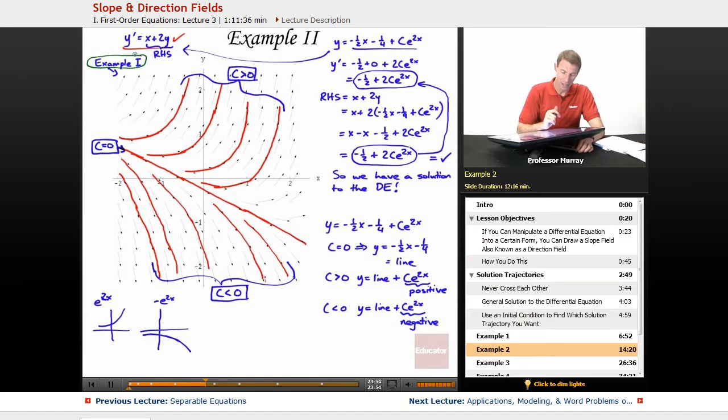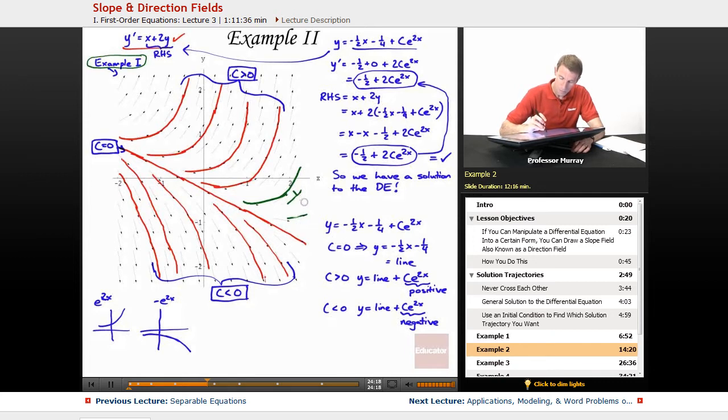Looking at this direction field, I was able to connect up the hash marks and draw solution trajectories. The whole idea of that was that wherever I drew a curve, it had to be parallel to these arrows wherever it was near an arrow. So it couldn't cut through an arrow like that or like that. It's got to be parallel to these arrows wherever it sees an arrow.